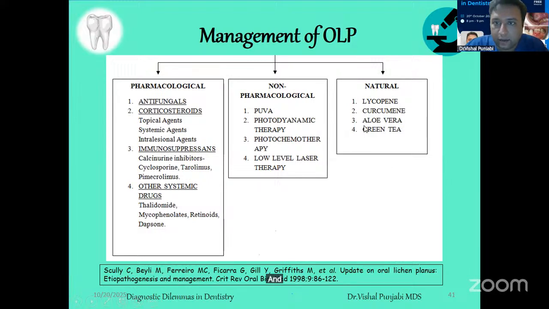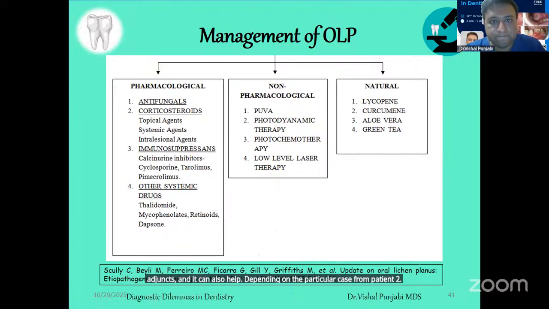And natural options, like I mentioned curcumin, the turmeric, that was also used in oral submucous fibrosis. There are a lot of aloe vera gels and lycopene, which are antioxidants, which can also be used as adjuncts, and it can also help depending on the particular case from patient to patient.